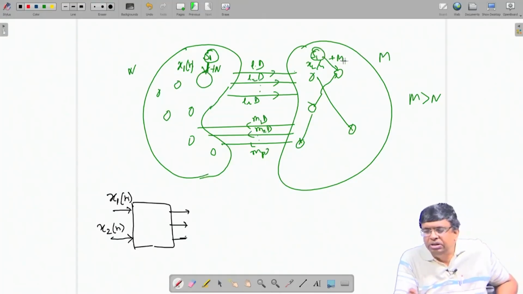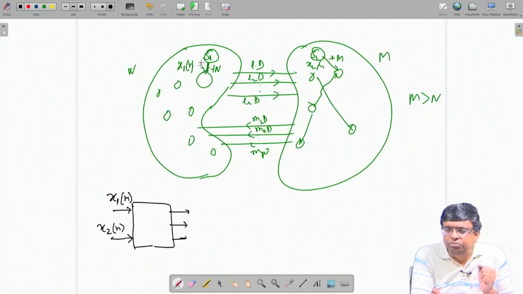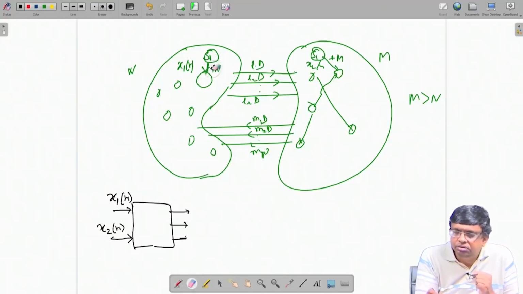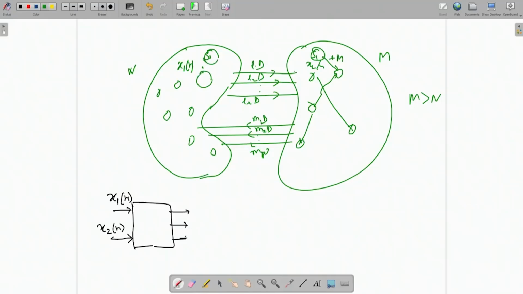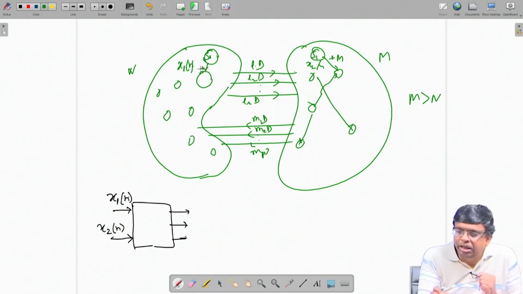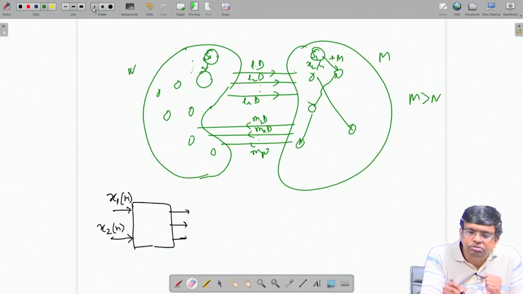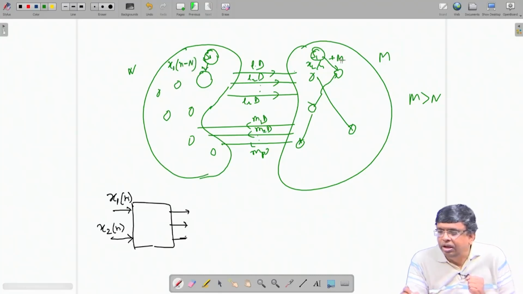So, suppose m is greater than n. I delay this input here by n, and here also I delay by n, which means here I will absorb the delay. So my input will be x1(n minus N), and here again, capital N, the same delay has to be given.